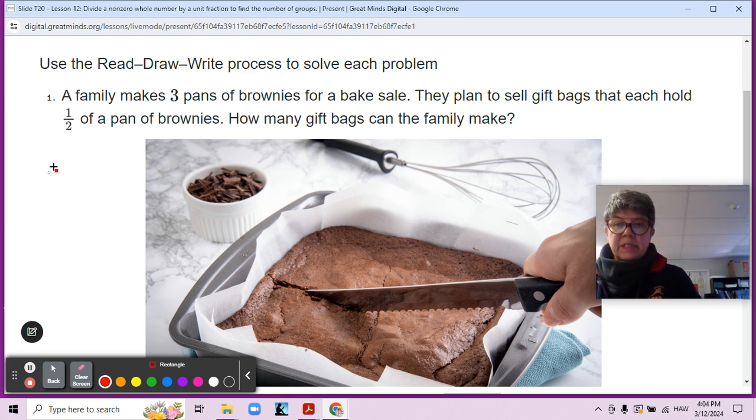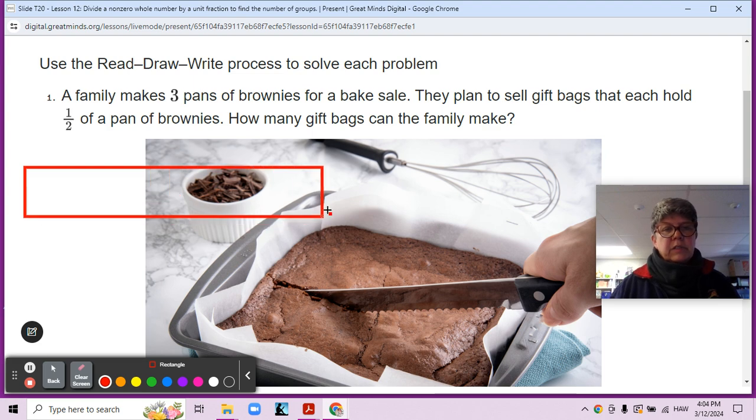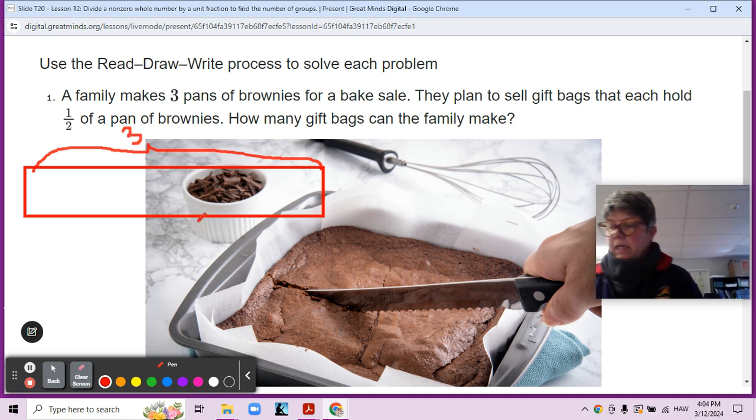We can label the tape diagram as well, right? So let's see. Here's a tape diagram, and I'm going to label it. How many pans of brownies do I have? I have 3 pans of brownies. So make sure you're writing this in your book. Hopefully you don't have to write on top of the picture, but I do. All right, so we have 3 pans of brownies.